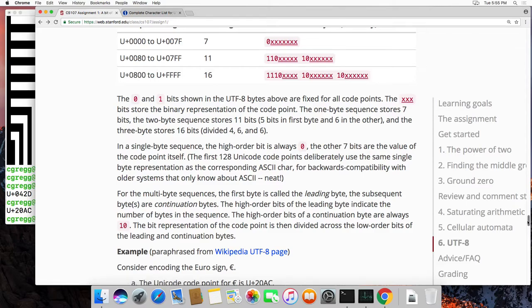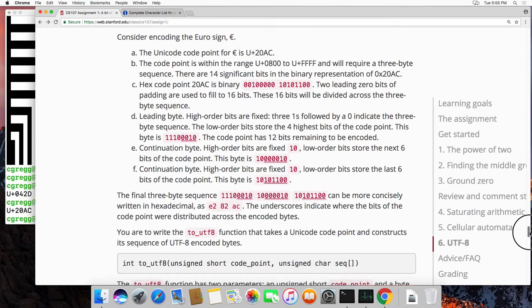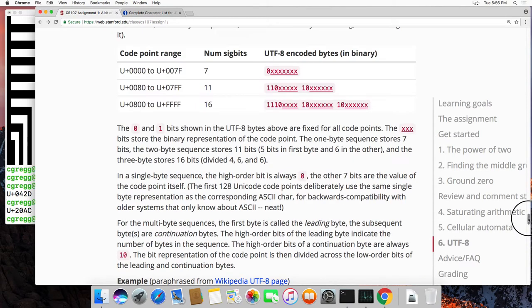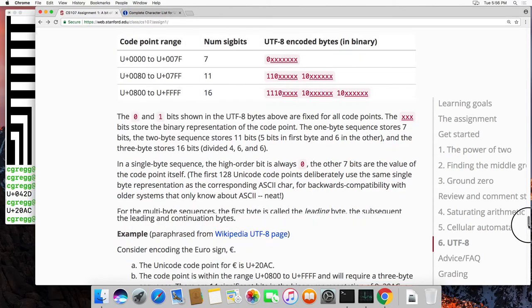What we do with that is we say, now we know that those 16 bits are going to be divided across our 3 bytes, because we said we need 3 bytes. And how do we do that? Well, first things first. The first 4 bits in our first byte that we're going to output are 1110.